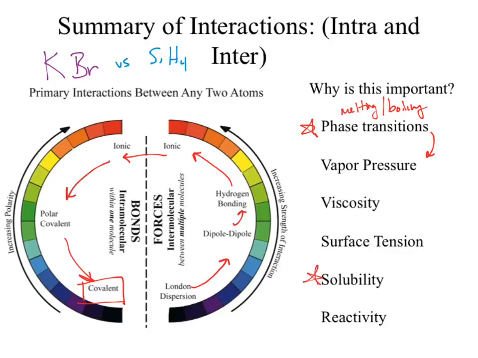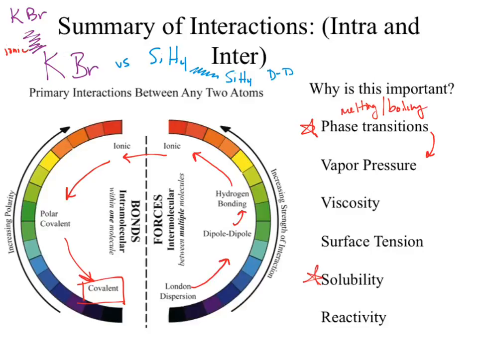Well, what is the attractive force between a KBr molecule and another KBr molecule? Electrostatic. I don't have enough space to write that, so I'm going to stick with ionic. What kind of force would we get between silicon hydride and another silicon hydride? Right. We're likely looking at a dipole-dipole force, just based off of our rules of thumb.